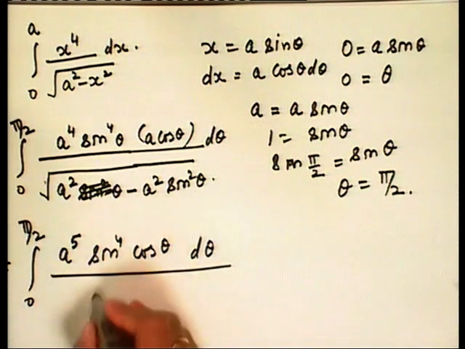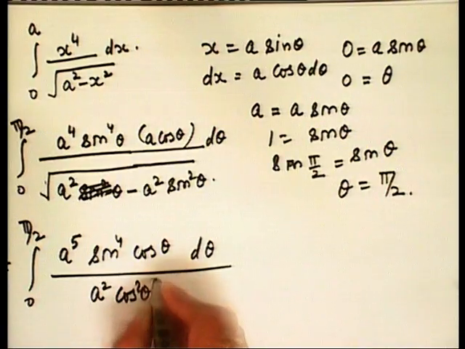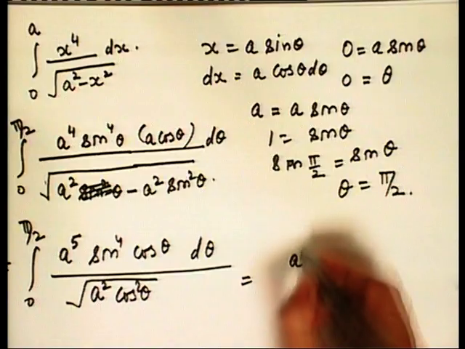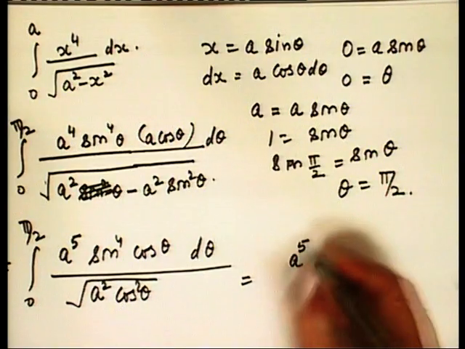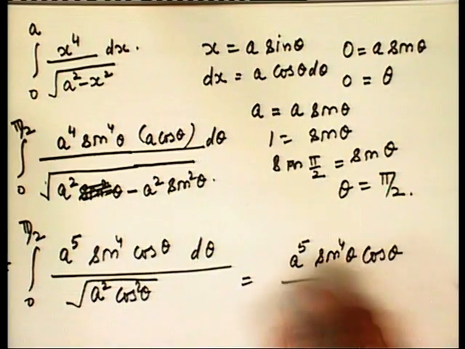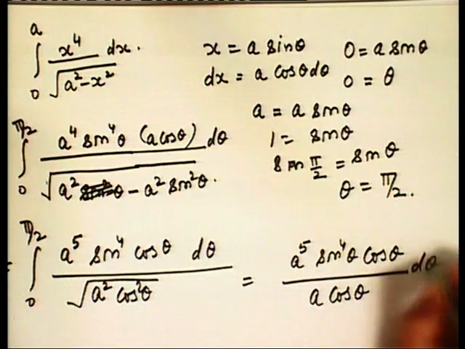Here we will get the square root of a square cos square theta, and it will become a5 sine 4 theta cos theta, times a cos theta d theta.